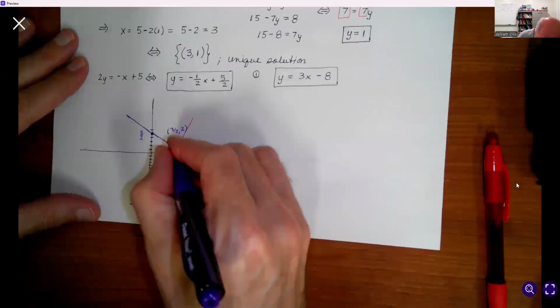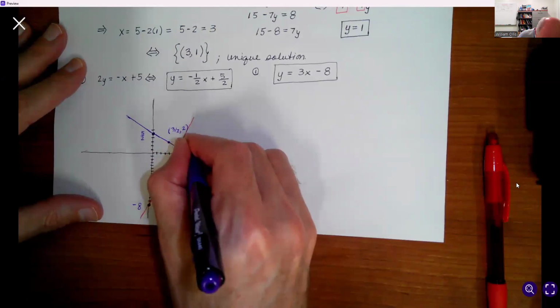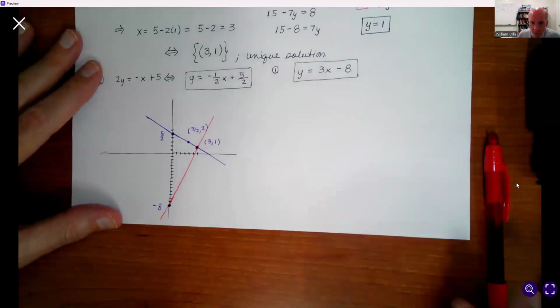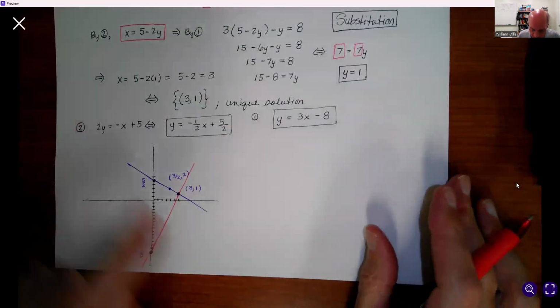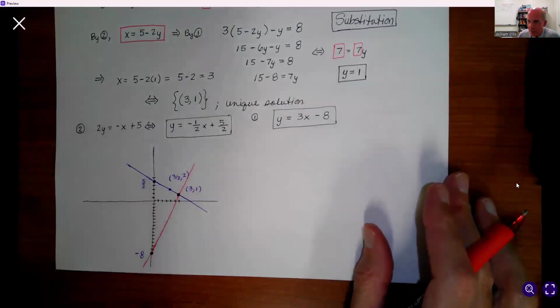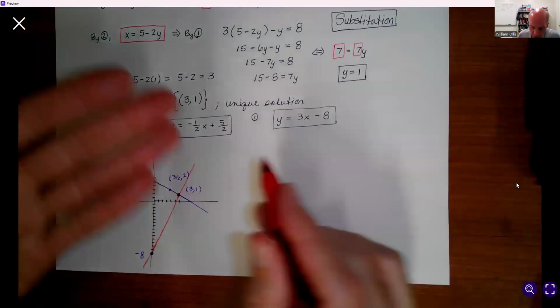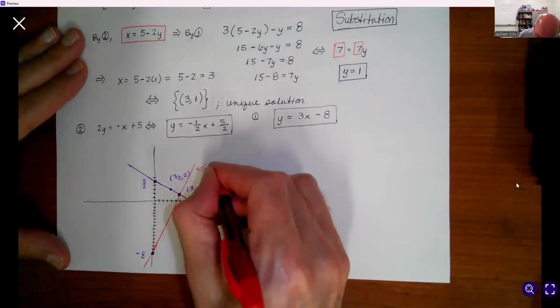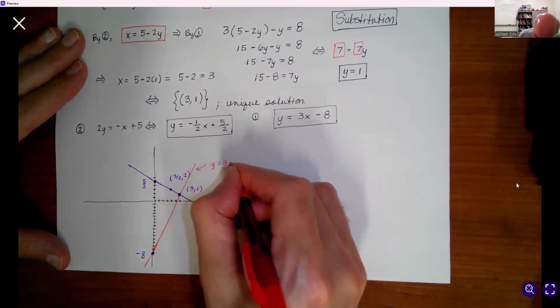So now we can mark this in as 3, 1. So that's kind of a simple way to get graphs. And I've done some extra work using the slope definition just to give us some practice. But of course, you can do this in many different ways. So now we can just label this. So this is y equals 3x minus 8.